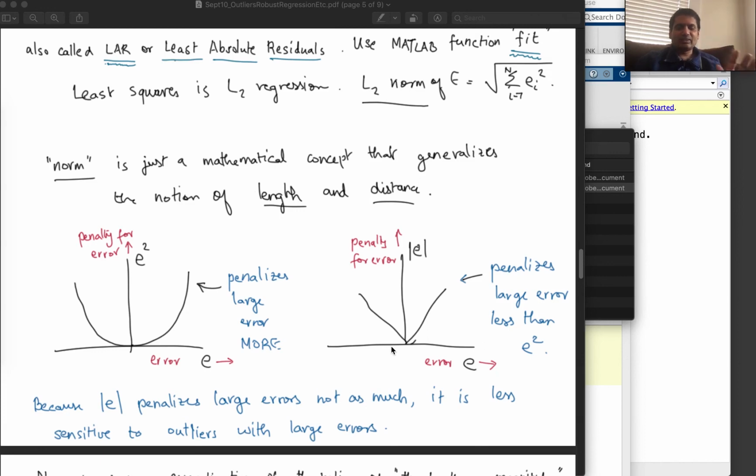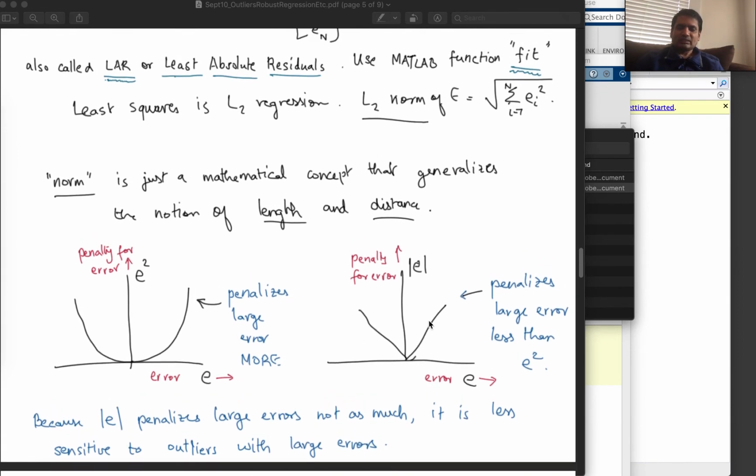This is related to the fact that the median is a good idea if you want to be robust against outliers. We'll talk about that in a bit. It turns out this idea of using L1 regression is very closely related to using medians instead of means, okay? So let me stop there for this particular video, and then we'll talk about norms in the next video.